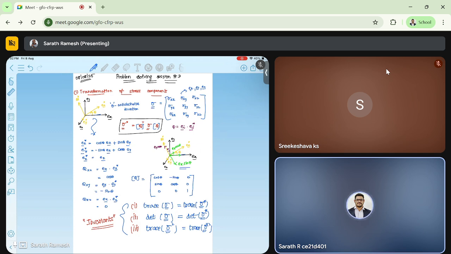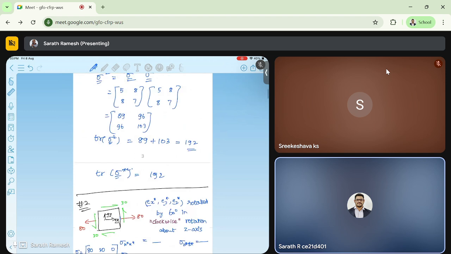We saw that a tensor will transform by obeying the transformation property, Q transpose sigma Q. And when a tensor is transformed, three things won't change: number one is the trace, number two is the determinant, number three is the trace of the sigma square.